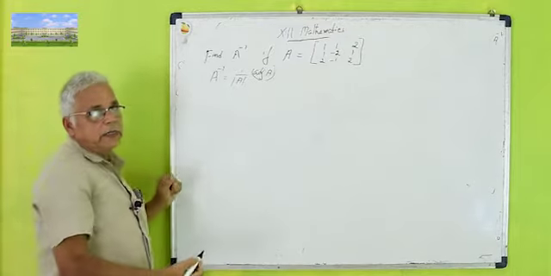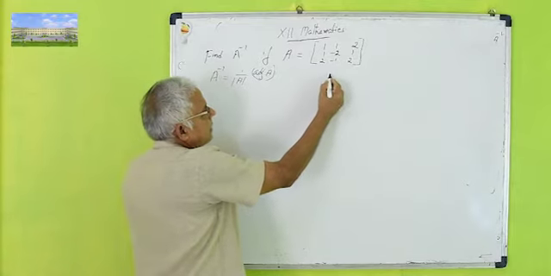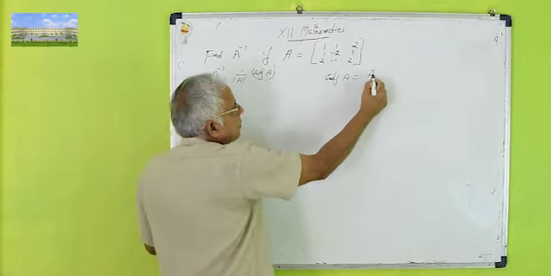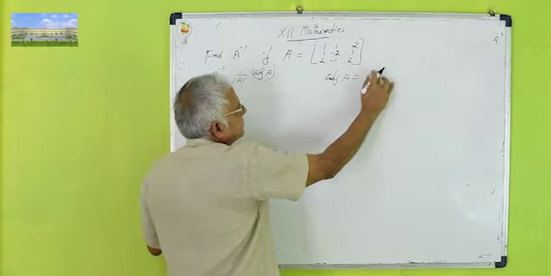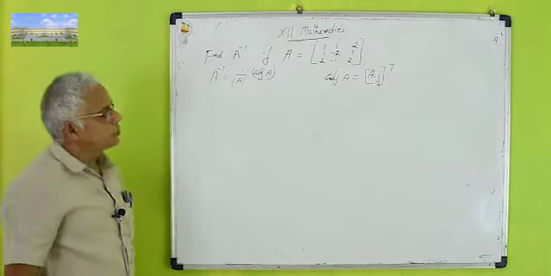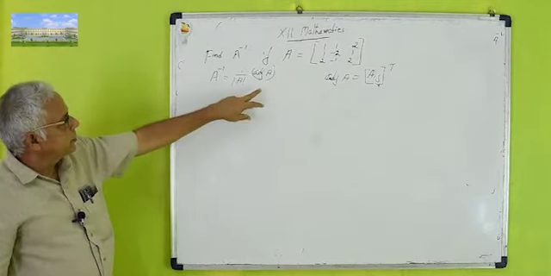Remember, adjoint is the transpose of the cofactor matrix. So, we find the cofactors of the elements.